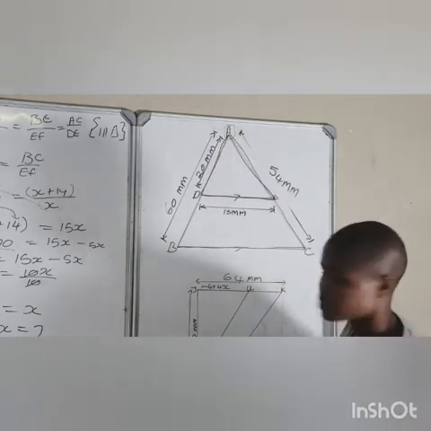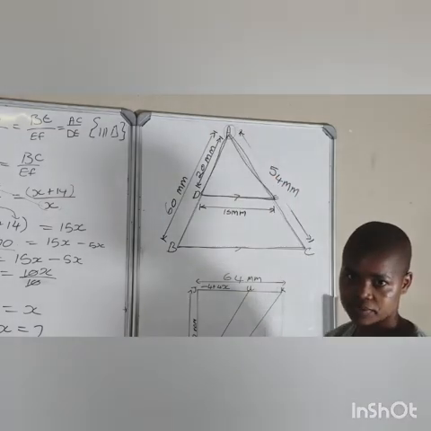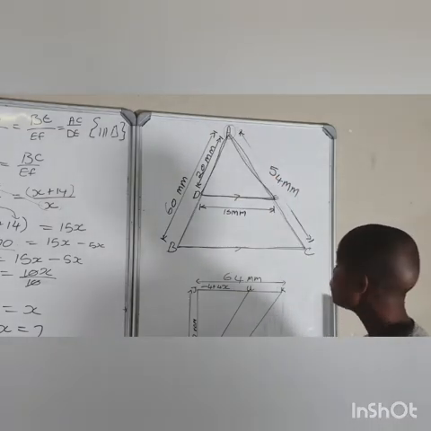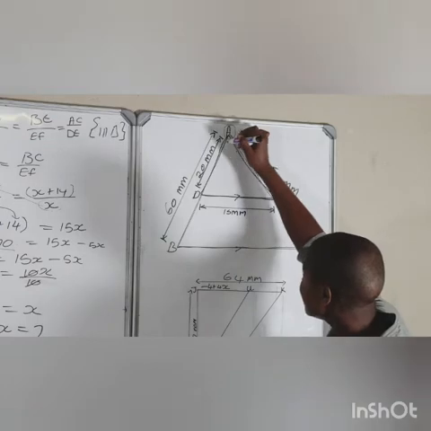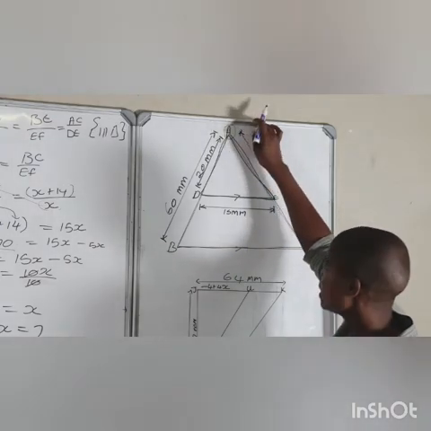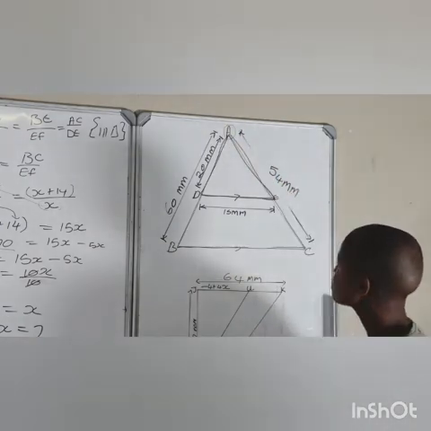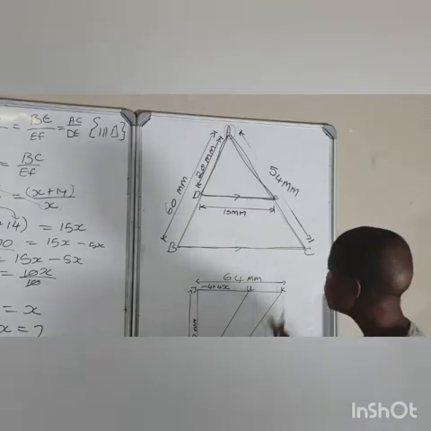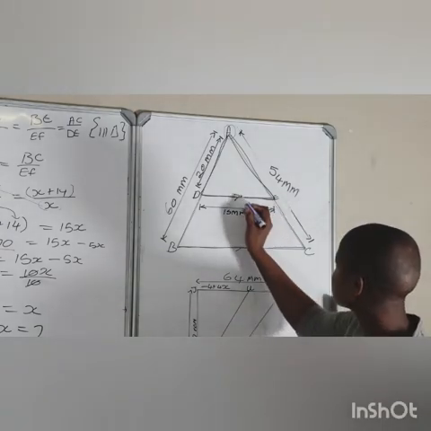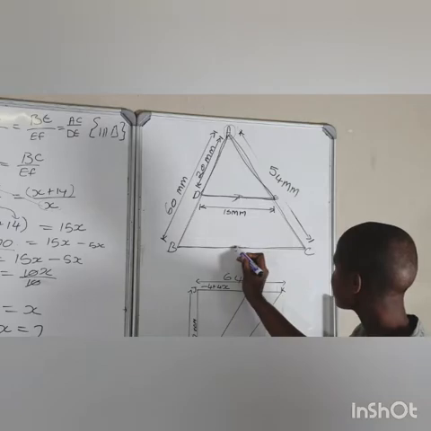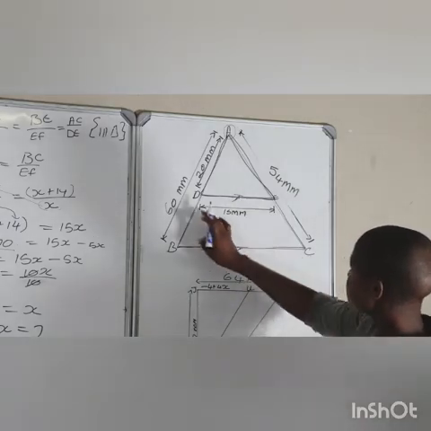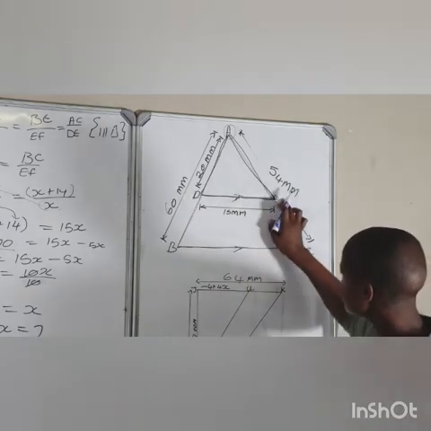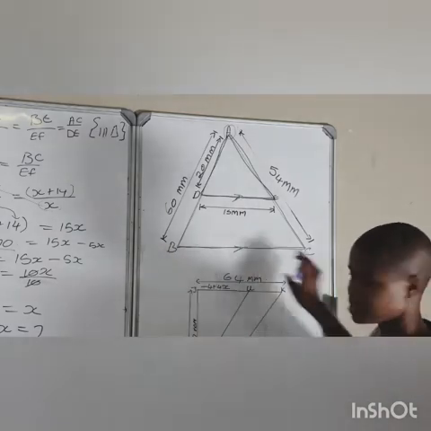That is our first observation. So A is common, which makes angle A equal to angle A simply because it is common. Now, before we go further, do you see that we have parallel lines? Line DE is parallel to line BC.